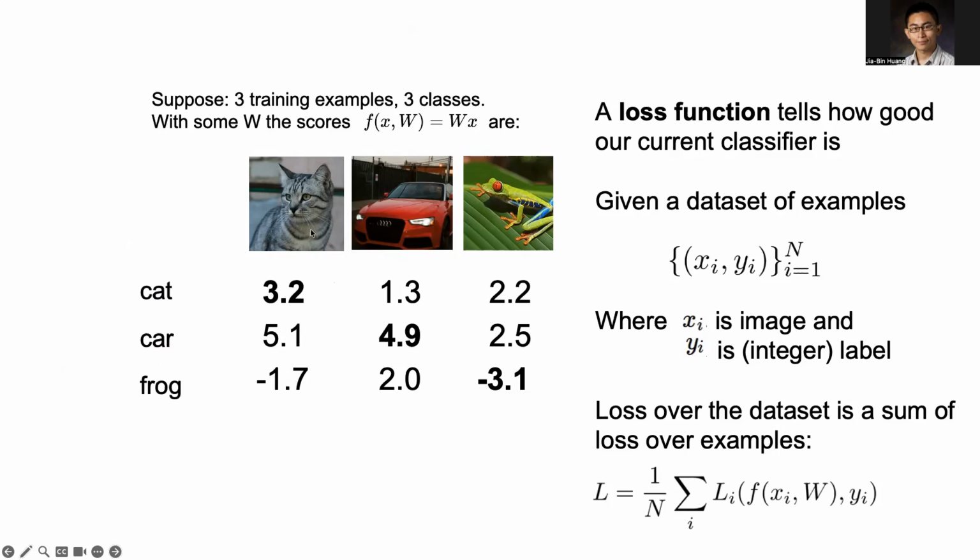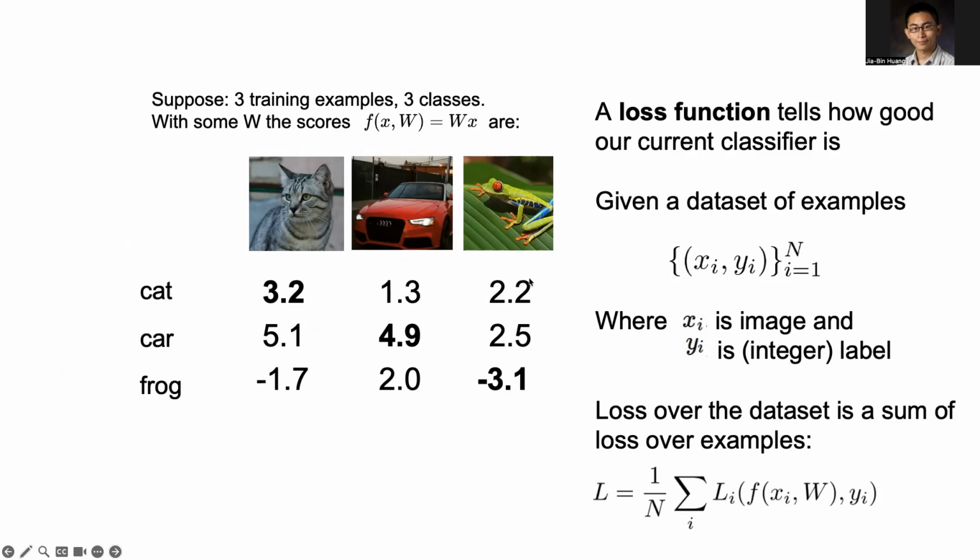Because you predict the car class is 5.1, but you predict cat only 3.2. So you should be unhappy about this prediction. And this one, you should already be happy about this prediction, because it's already predicting well. So this example doesn't need to change your weight too much.